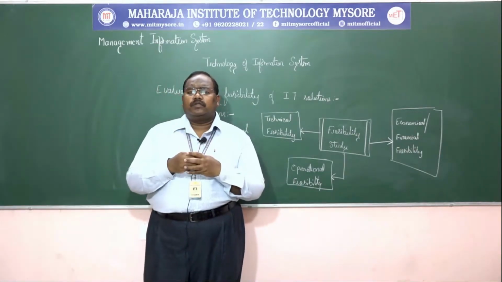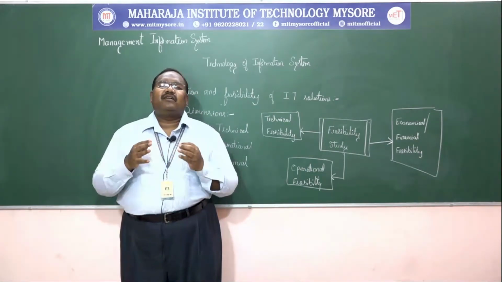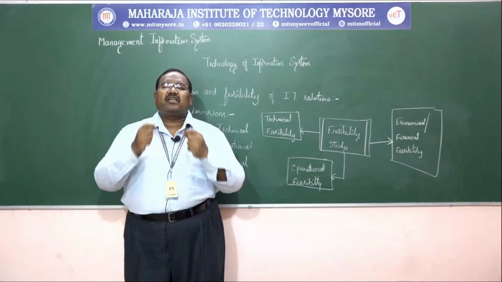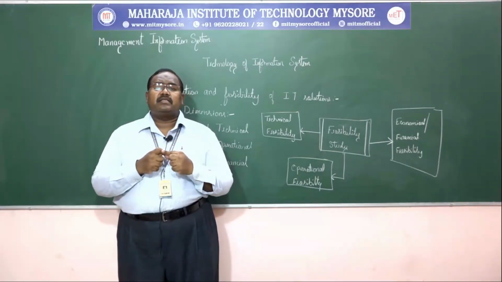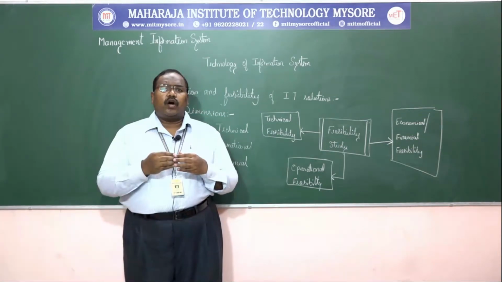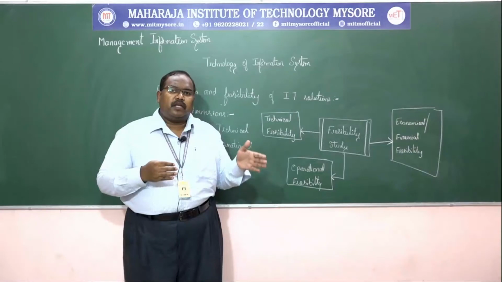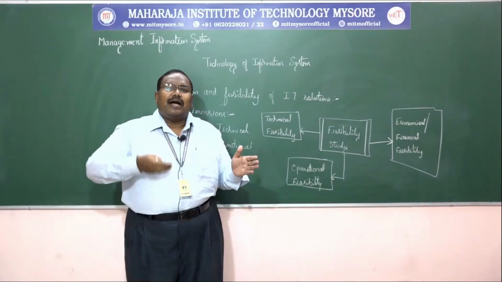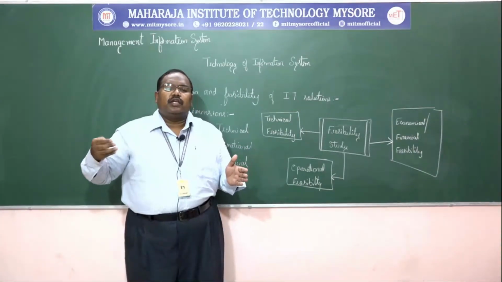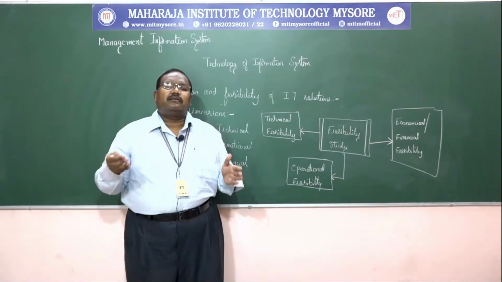What are the shortcomings or hurdles on the people side? They would be like lack of requisite qualification. When you talk about the new technology, when you want to adopt it, the existing people in the organization should have upgraded their qualification in order to use those things. So, what to do about this?